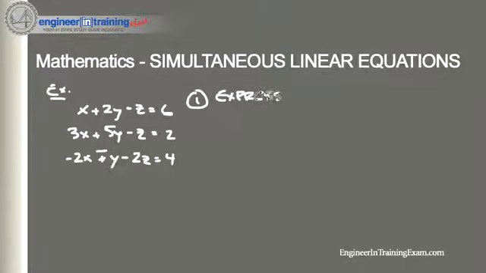we want to express this set of linear equations in the form AX is equal to Y. So our first matrix A is going to be a 3 by 3 matrix because there's 3 unknowns, x, y, and z, and 3 equations.